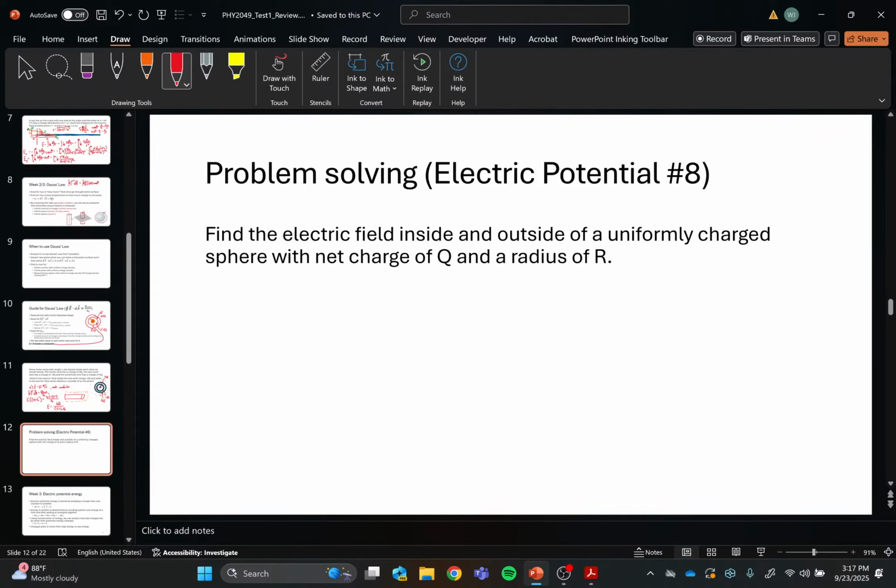Is it the area of my solid object or the area of my Gaussian object? It is the Gaussian, the one where the field is at little r. So it'd be 4 pi little r squared. That is the area of your Gaussian.